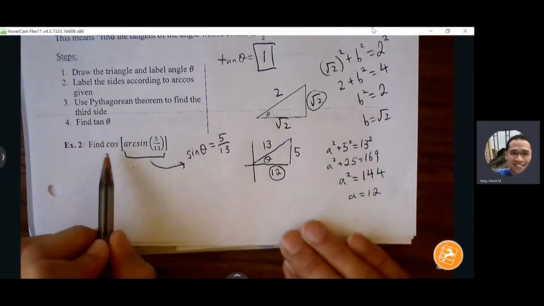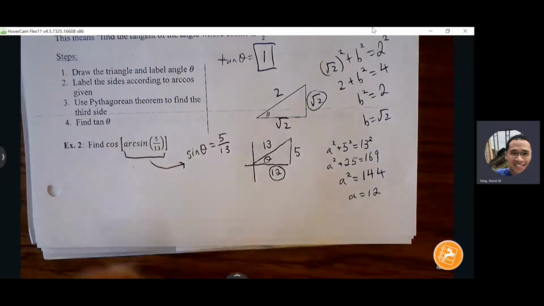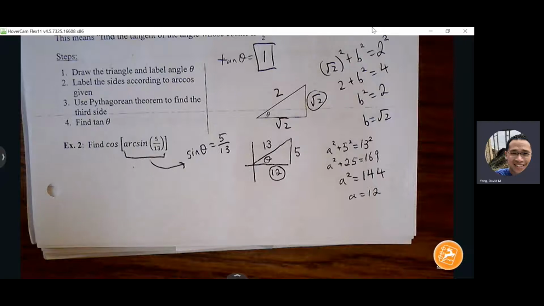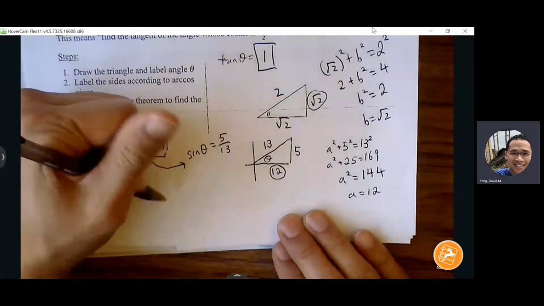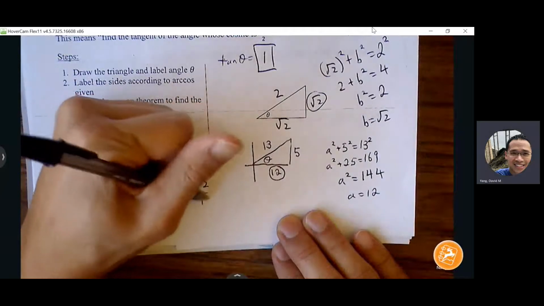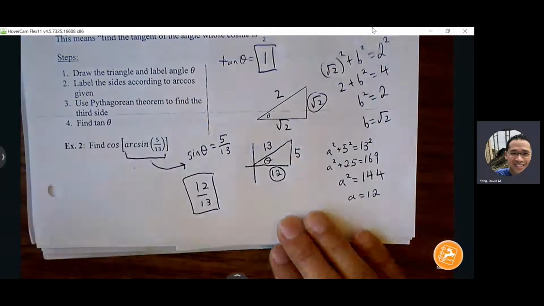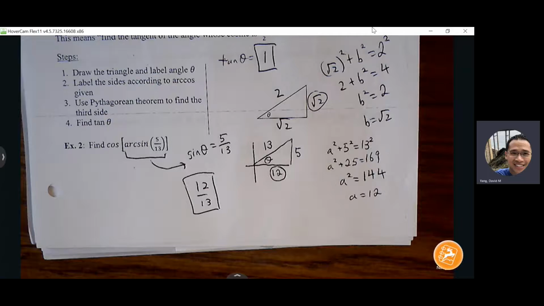Then we turn around and ask ourselves, what is cosine of theta in my triangle here? Yeah, and that's our answer. Just review from last year, right? Any questions?